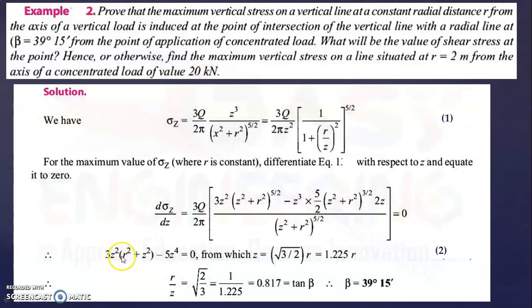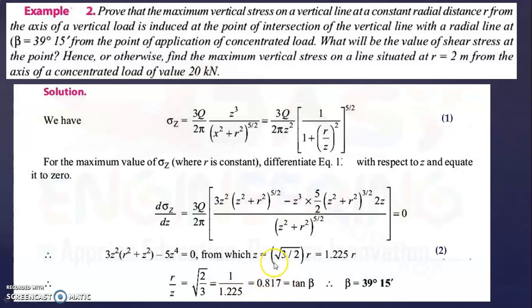Simplify this and you get z is equal to square root of 3 divided by 2 r, that is nothing but equal to 1.225 r. So r by z is equal to square root of 2 by 3, that is equal to 1 divided by 1.225, that is equal to 0.817.